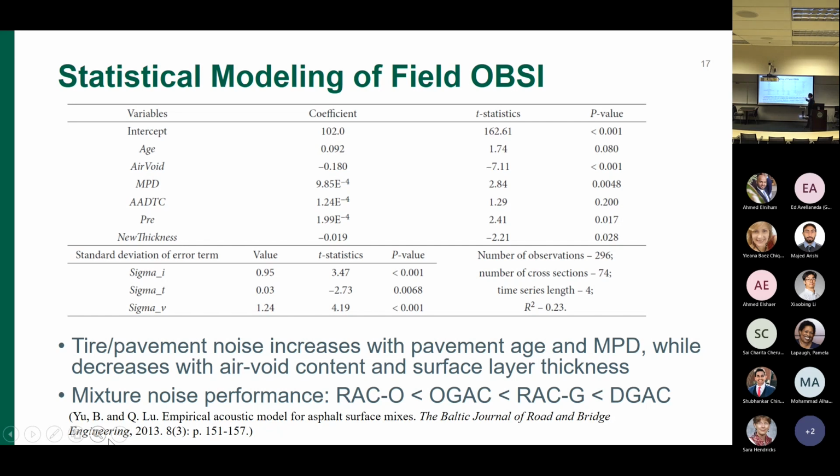These findings are what we expected. In terms of the four mixes and their relative noise reduction performance, the open-graded mix with rubberized asphalt performs the best, followed by the regular porous asphalt mixture, followed by the RAC, and followed by the dense-graded mix.